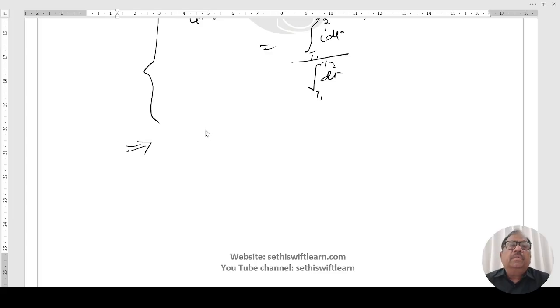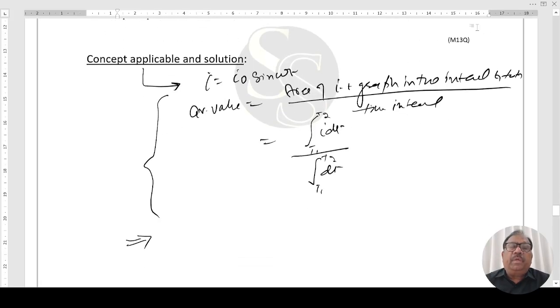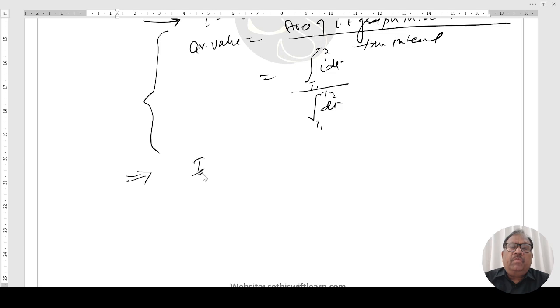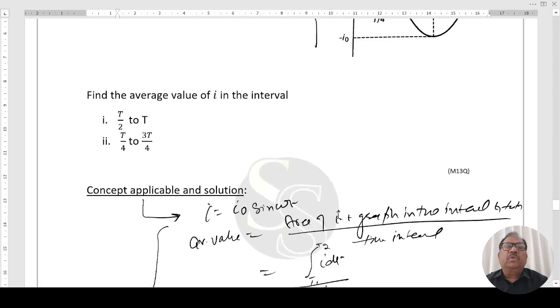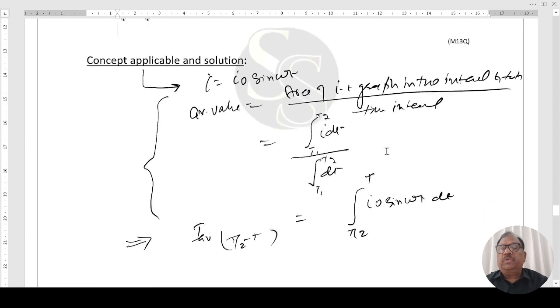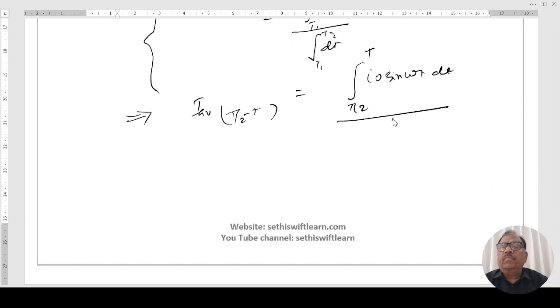Now, the question: we have to find the mean value from T by 2 to T. I average from T by 2 to T will be equal to, with lower limit T by 2 and upper limit T, the integral of I naught sine of omega t dt, because the given graph is sinusoidal, divided by T minus T by 2.